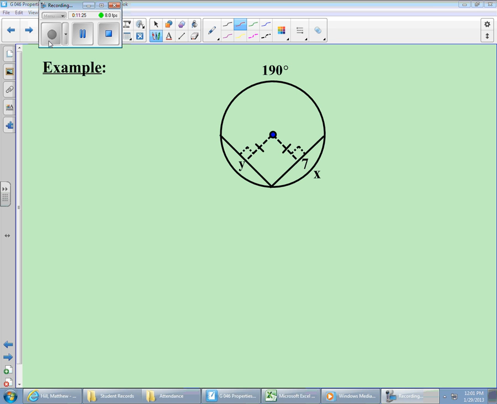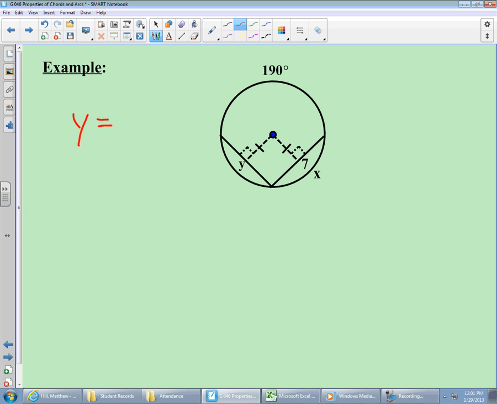Does anybody have any thoughts on x? None? Okay, chords are congruent. Okay, well, if that's the case, can we just go ahead and establish what y is? Yeah, how do we know that the chords are going to be congruent?